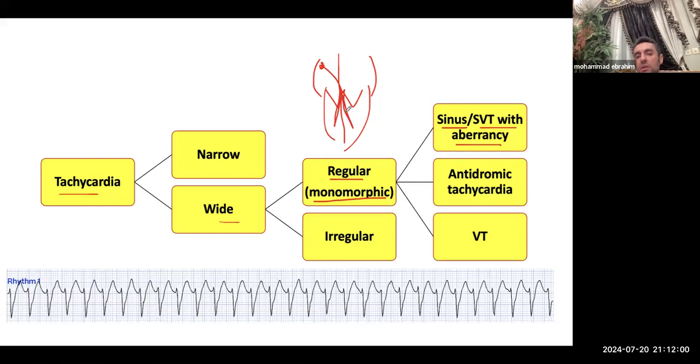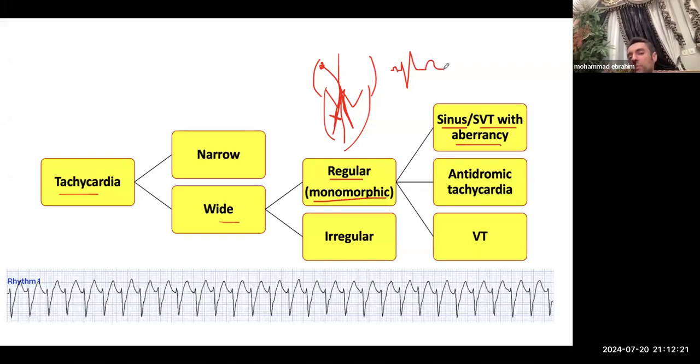Imagine you have a patient with surgery and there is no right bundle. The right bundle is cut off. So during sinus rhythm for this patient, you would have a P wave, and then a wide QRS because there is an intrinsic right bundle branch block.